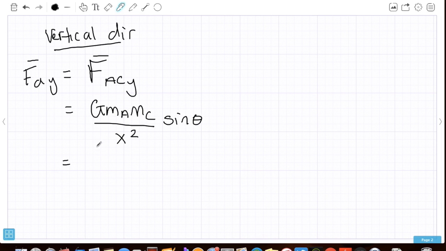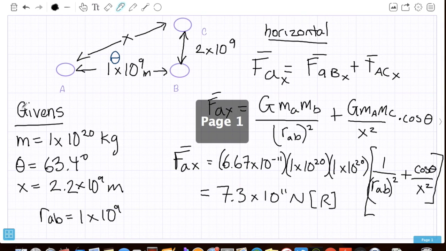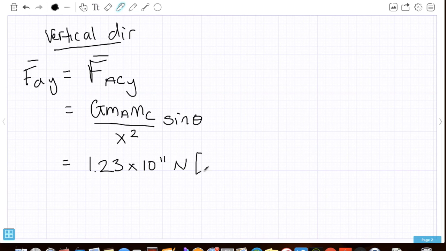And if you multiply it by this new value, you get 1.23 times 10 to the 11. Now, what's the direction? Well, normally positive is up, and we've assigned that to be up. Just by looking at the drawing, we see that gravity, again, can only pull on A, and because C is above it, it's going to pull A up. So this answer is going to be up.